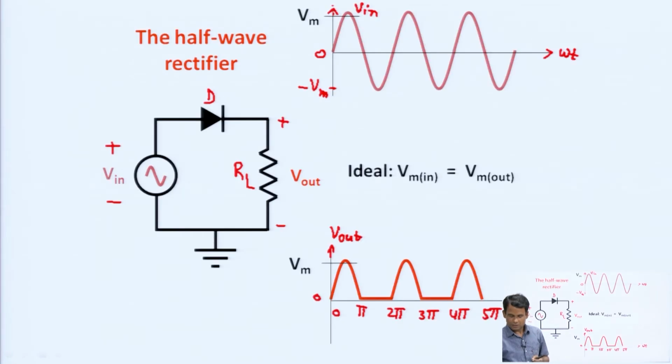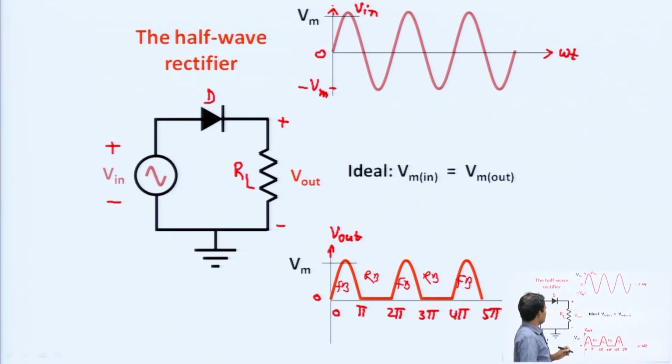Now, this is the waveform, you can see. Here the diode is in forward bias, here the diode is in reverse bias, forward bias, reverse bias, forward bias and so on.